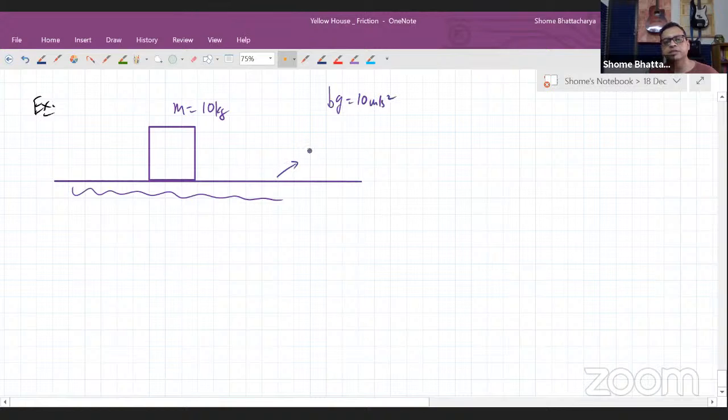Now it is on a surface which has both the coefficients given to us: mu s equal to 0.30 this time, and mu k equal to 0.25. Typically there isn't this much difference. It is more like 0.28 and 0.30, but I'm just taking a theoretical value where one is 0.30 and the other is 0.25. Now the block is initially at rest.